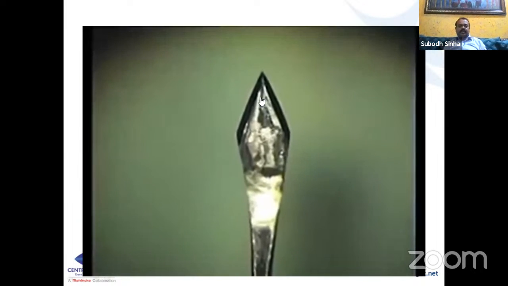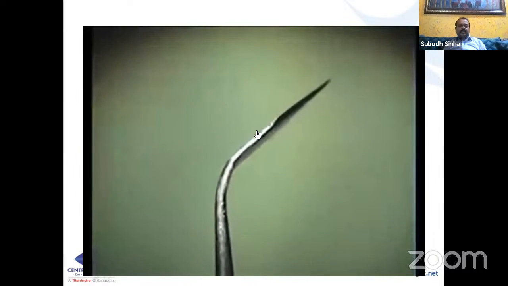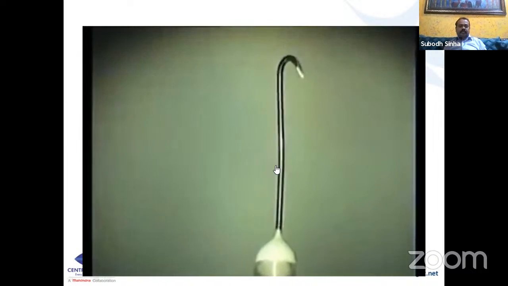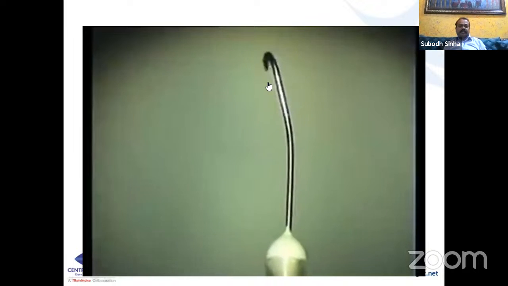So this is the keratome they are using to make all the steps of the tunnel. And this is the fish hook. It has one bend here and one bend here.